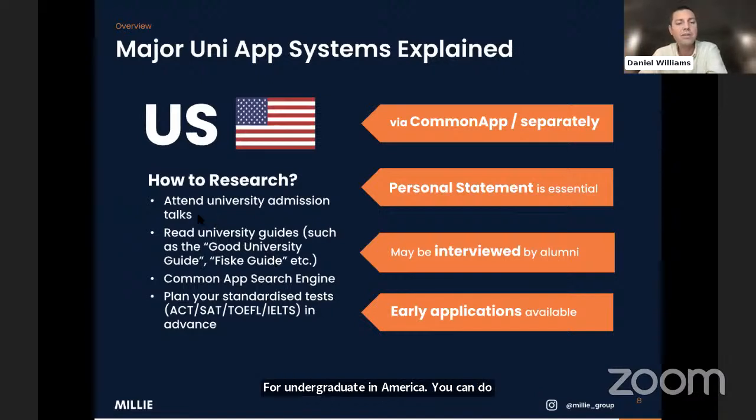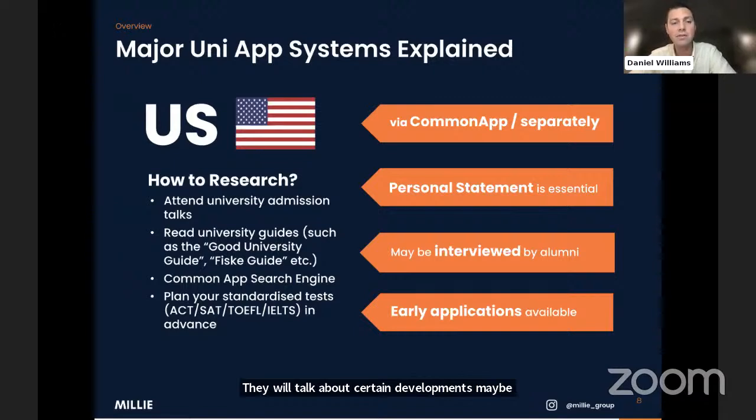And you can also attend university admission talks. So for example, all of the universities in the US, if you can't visit on campus, also give virtual admission presentations where an admissions officer will get online and talk to you about what the school has to offer. They will talk about certain developments, maybe even what they're looking for in candidates.